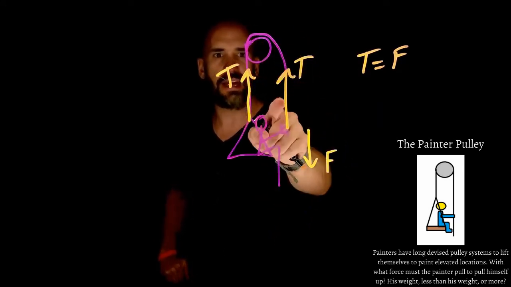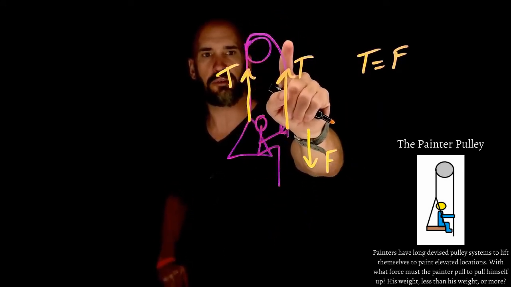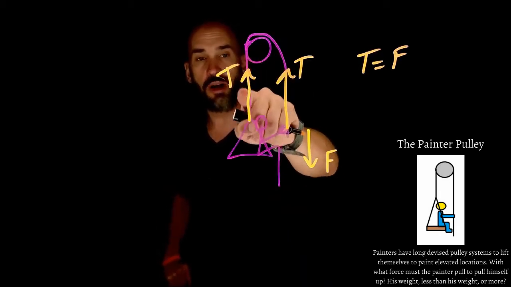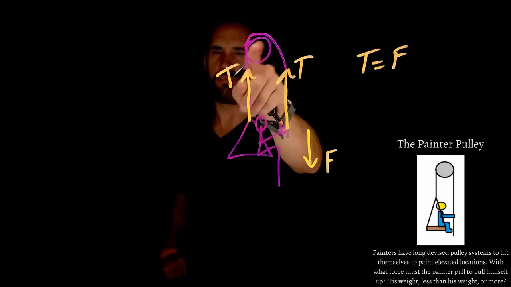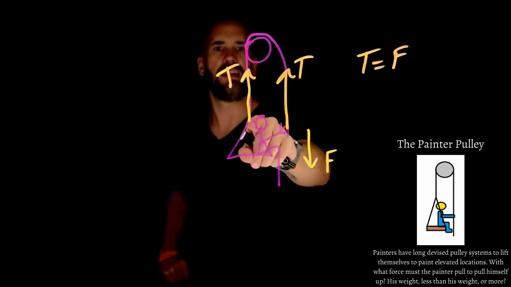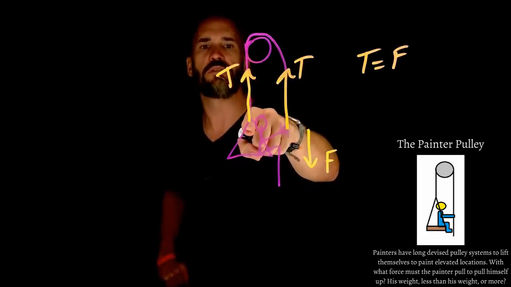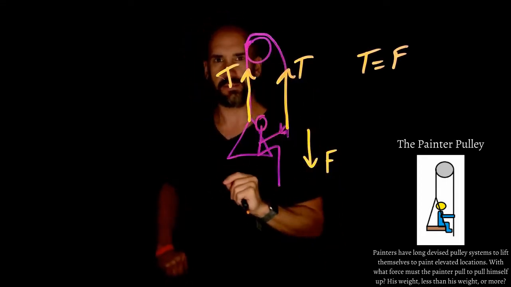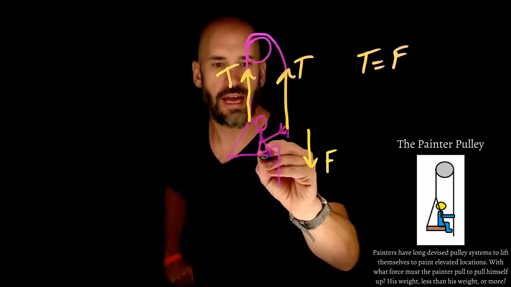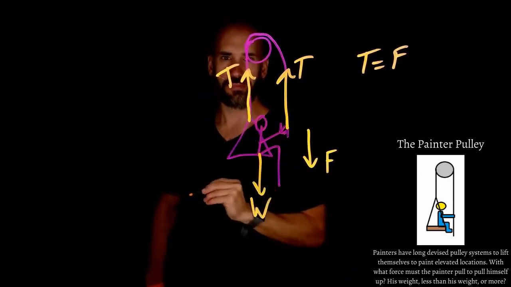Whatever force he's pulling with, there's going to be a tension pulling back that's equal to it. And the tension everywhere in a string is equal, assuming a massless pulley, but we're going to simplify that. So that means there's two tensions from this rope and this rope acting on him. And of course, we still have his weight going down.